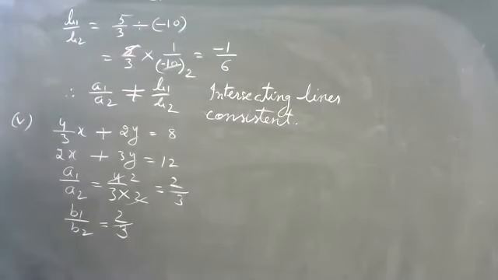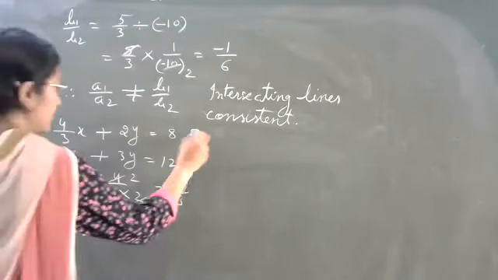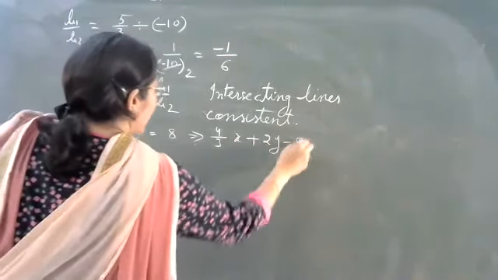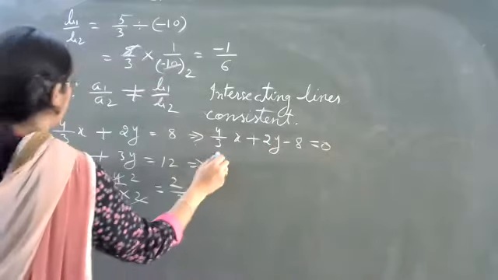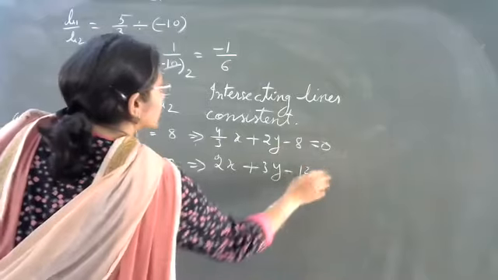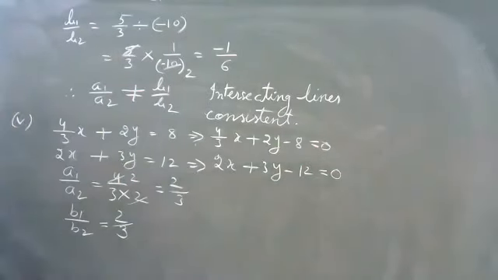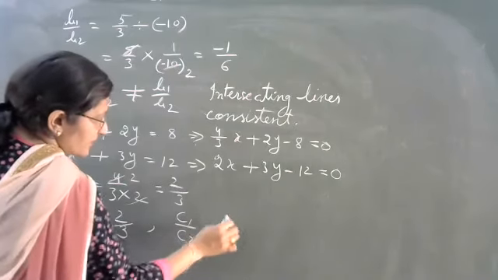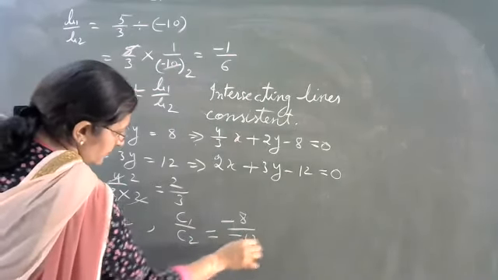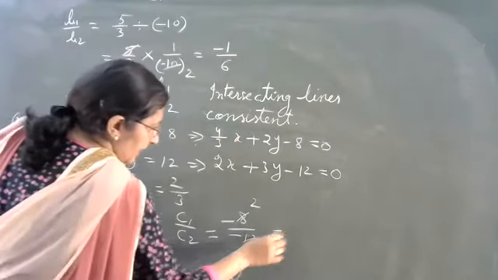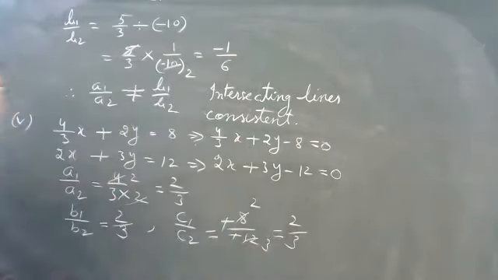Now we have to find C1 over C2. 4/3x plus 2y minus 8 is equal to 0, and 2x plus 3y minus 12 is equal to 0. So what is the value of C1 over C2? When we cut these, 2/3 again. Clear?